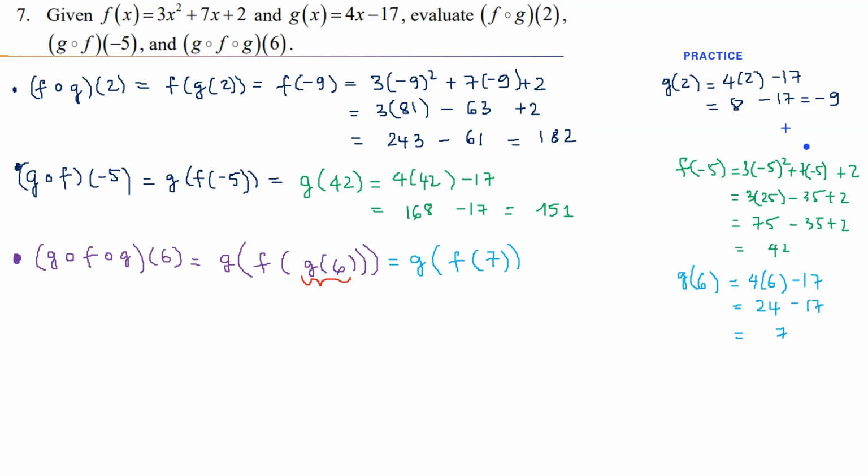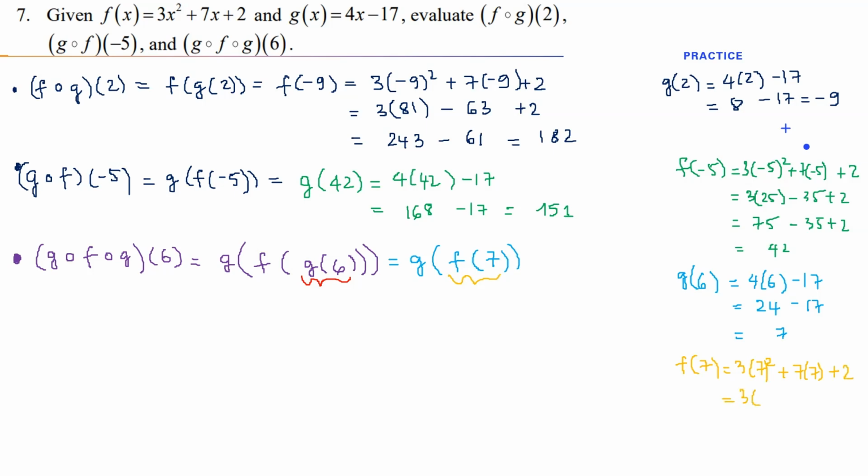We replace the g of 6 equals 7, right? Now we have to know what is f of 7. So f of 7 equals 3 times 7 squared plus 7 times 7 plus 2.